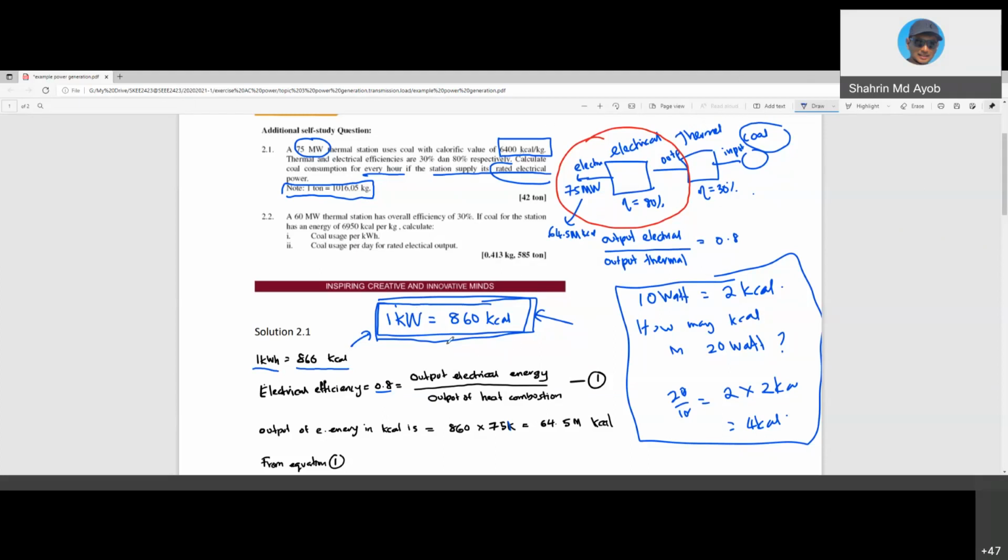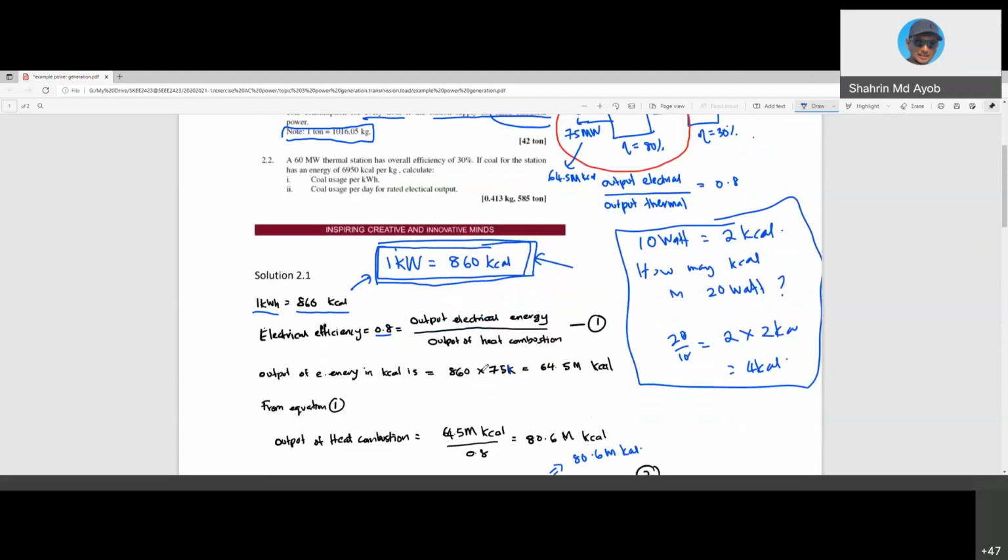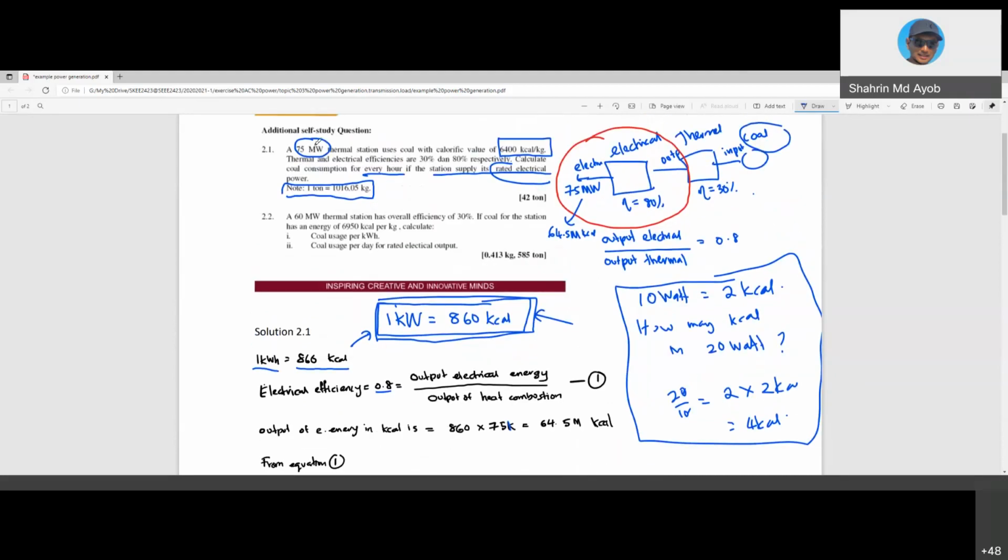If you get this wrong, for example, you multiply 860 with 75 megawatt, it is totally wrong. This is 75K. I haven't mentioned units here because this is actually only 75K, 75K times of this one.